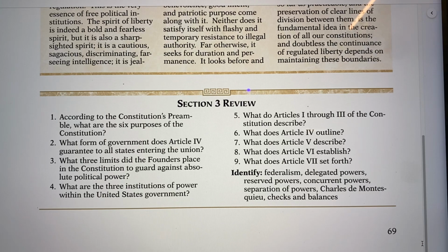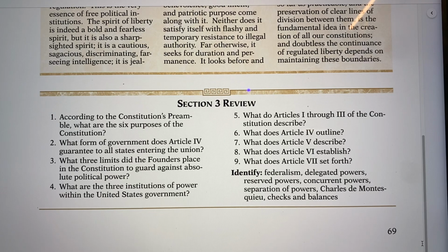Number 3, what 3 limits did the founders place in the Constitution to guard against absolute political power? Basically, federalism. Federalism means that we will have a federal government, which is our national government, and we'll have a state government of each state, and our local government.